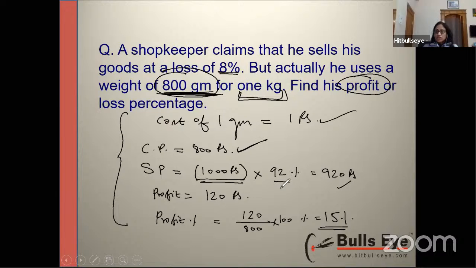So you're only charging 92% of what you were supposed to charge, making him feel happy to pay only 920 rupees. But in reality, you have played very smart being a shopkeeper here. You have made a profit of 120 rupees on 800 rupees. So what is your profit percentage? 15%. Everyone clear with the answer?